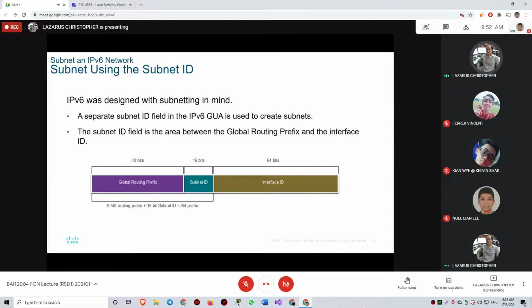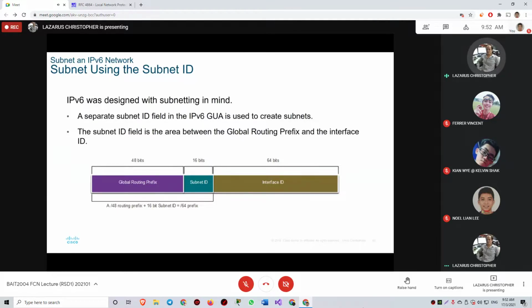For each subnet, after you assign the subnet ID, you cannot subnet it again. So the prefix stays the same. In this case, it's a /64 network, 48 plus 16 bits.